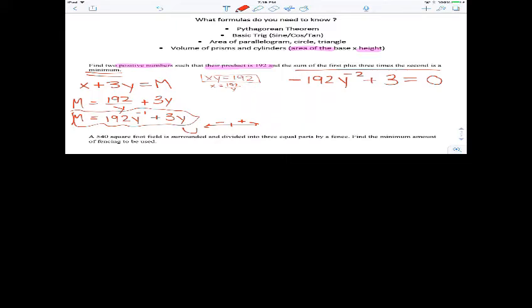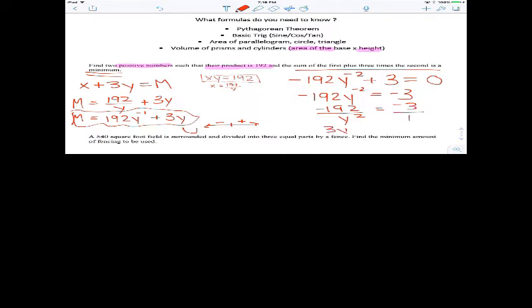Now, my advice to you when you have something like this, when it's confusing to have negative exponents and should I factor them, would be to just move one of the terms to the other side. That will make it a little bit easier. And so now you really have negative 192 over y squared equals negative 3 over 1. And you can cross multiply here.